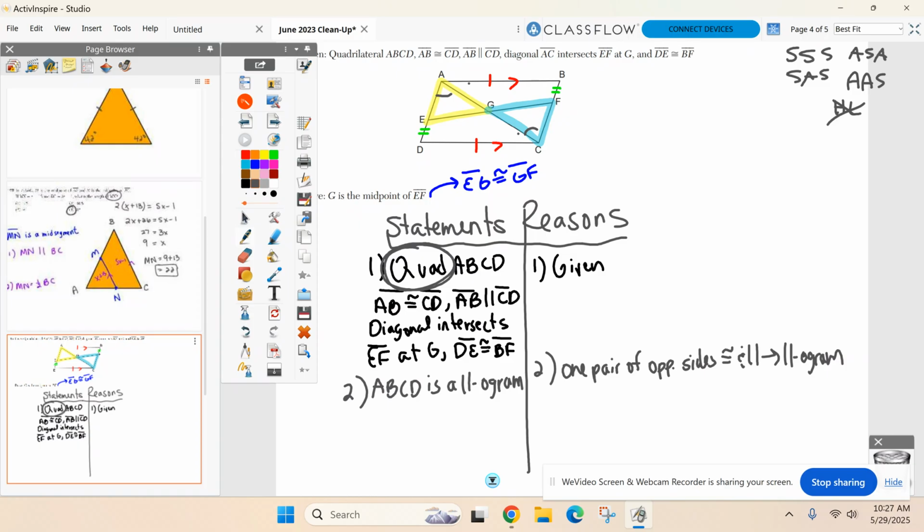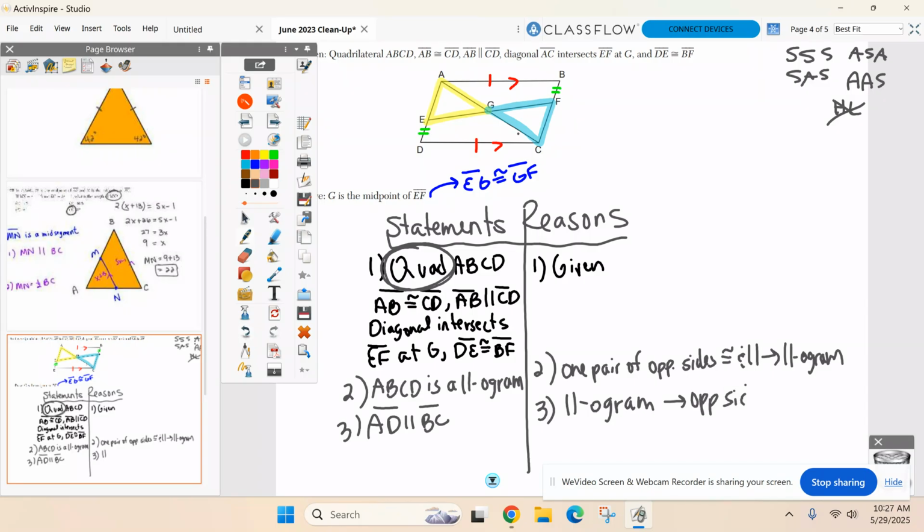Yeah, that's fine. We could also say instead, now that this bad boy's a parallelogram, AD and BC are parallel and they're congruent to each other. That'll be a separate step. Parallelogram implies opposite sides parallel. And now, Sophie, I'll get there right now by saying, now those are also alternate interior with AD and BC.